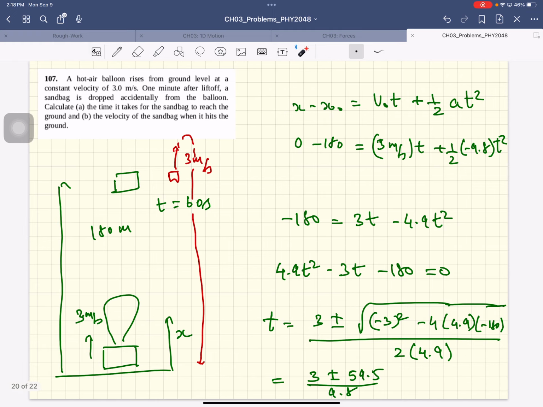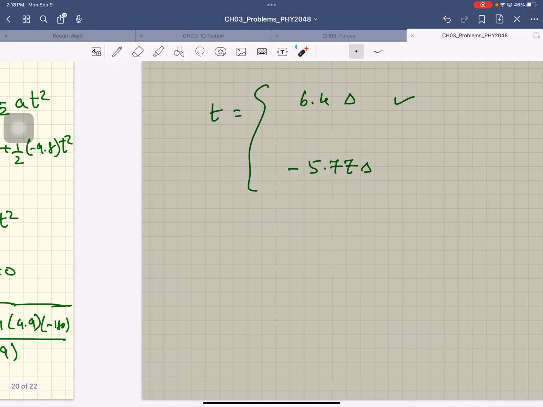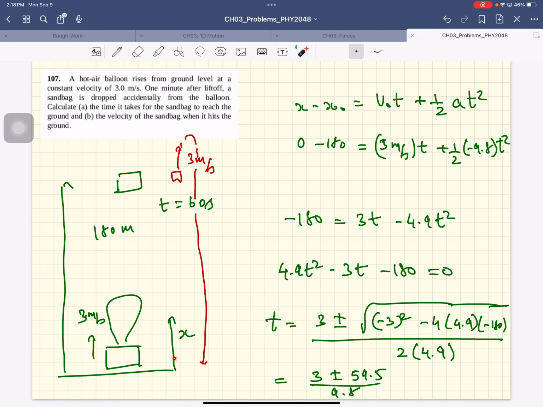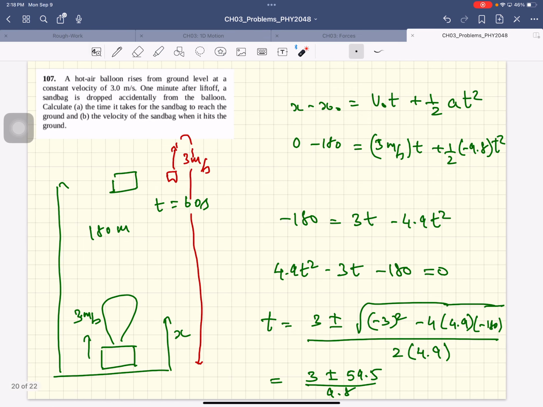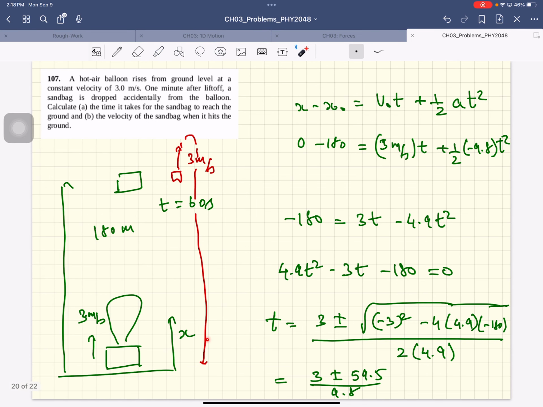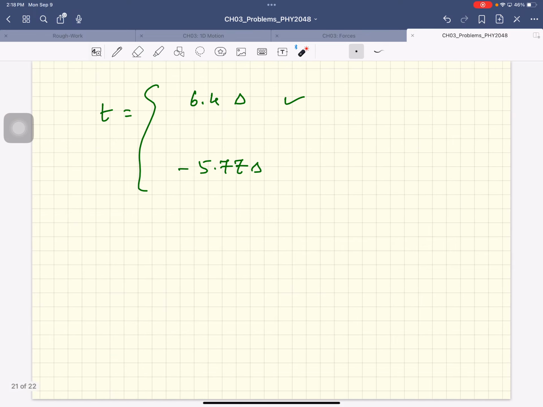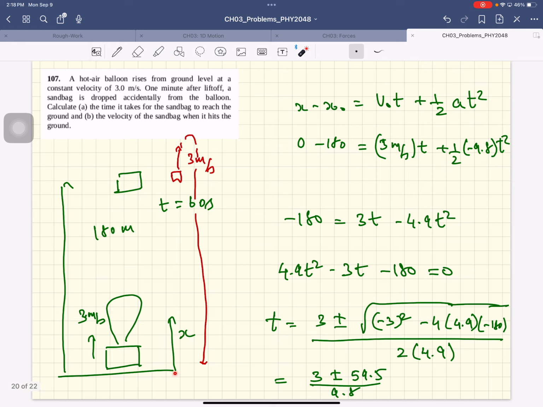What that negative time tells you is, if you had thrown the sandbag from ground level on a parabolic trajectory, you would have had to throw it at minus 5.8 seconds, that is, 5.8 seconds ago, for it to reach there.